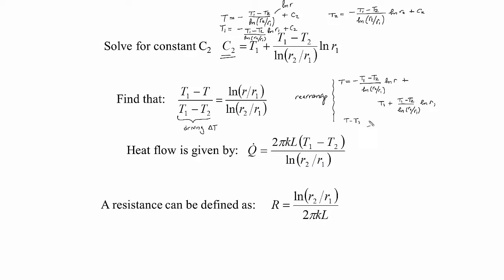T minus T1 is equal to minus (T1 minus T2), times what I have left, which is ln R over ln R2 over R1, minus ln R1 over ln R2 over R1, close bracket.